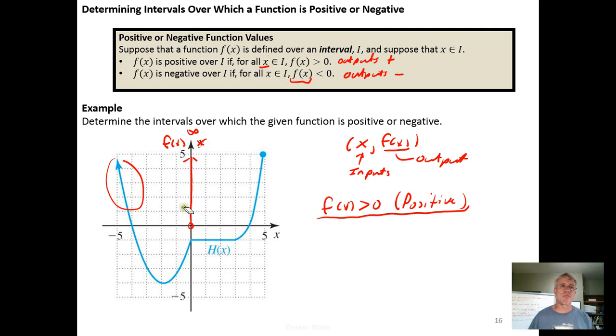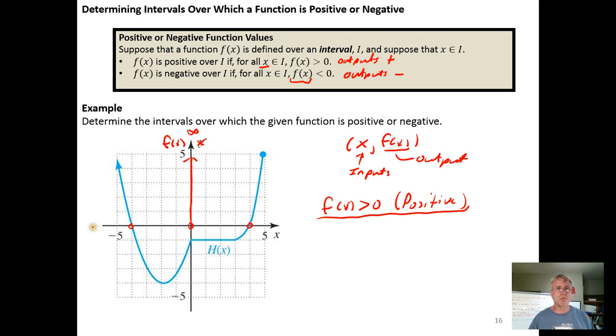The first step in determining the intervals where the function is positive is to run along the x-axis and say when the outputs are 0. Here I have an output of 0, here I have an output of 0. Then I use those zeros to describe the intervals for which the function is above the x-axis.